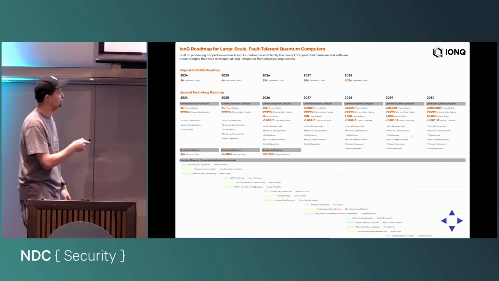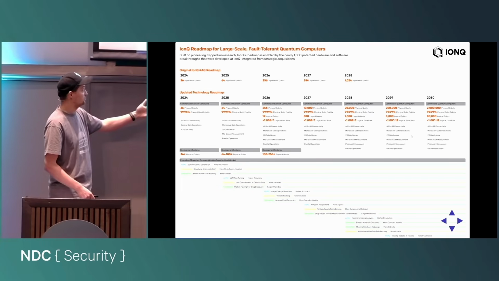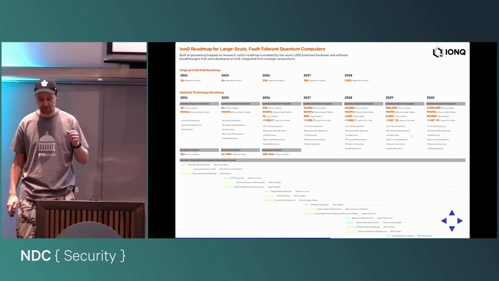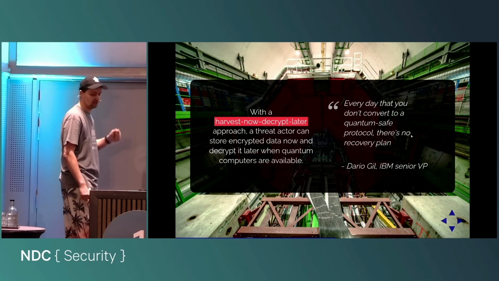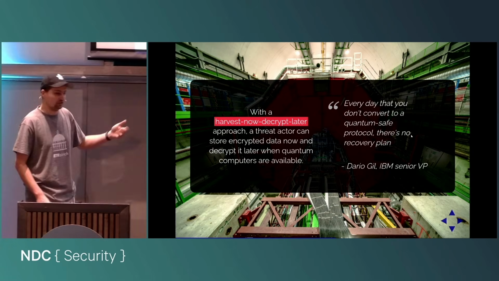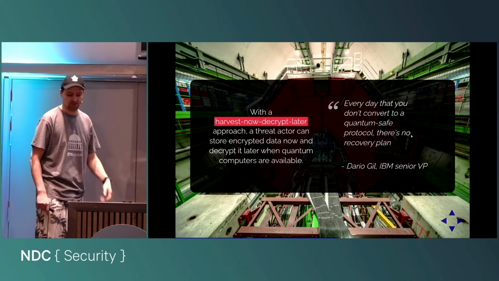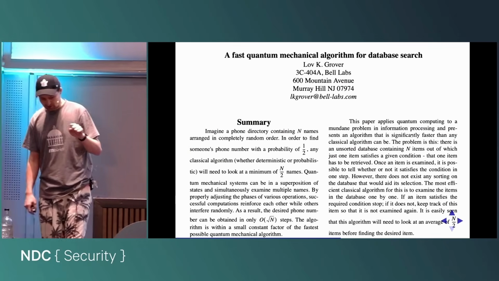And this is like 2, 3, 4 years away. So we will see whether they deliver on this, but it's just something to keep in mind. And then, of course, there is this typical threat, which is called harvest now, decrypt later. If you have a threat actor, they can just collect data now and decrypt it when they have the technology.